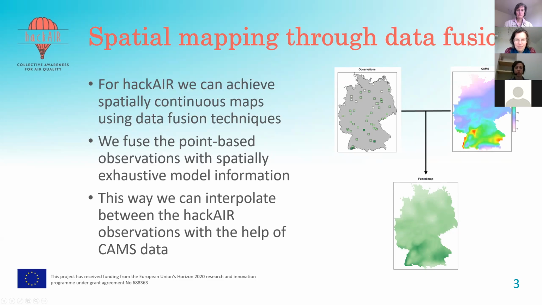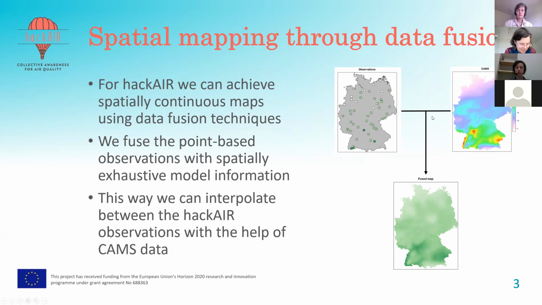Here on the right-hand side, you see the information from the CAMS, which is the Copernicus Atmosphere Monitoring Service. This provides up-to-date information on air quality, but it's not always accurate, right? But what it does is it allows us to interpolate the observations that we get from hackAIR in an objective and meaningful way.